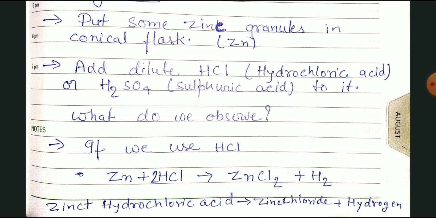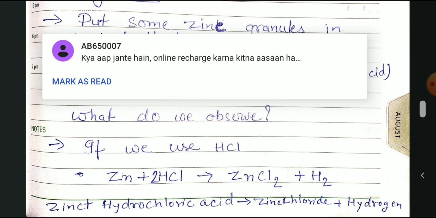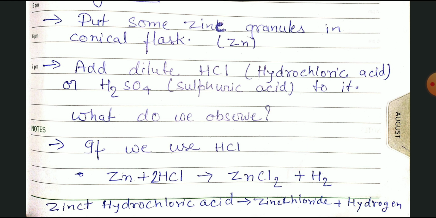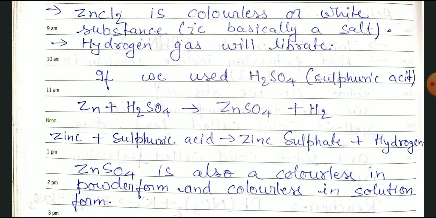Here again, when zinc or any metal reacts with an acid, it gives salt and hydrogen gas. Zinc chloride is a salt, which we will also read about in the next chapter, that is acids, bases and salts. Zinc chloride is a colorless or white substance, basically a salt, and hydrogen gas is being liberated.